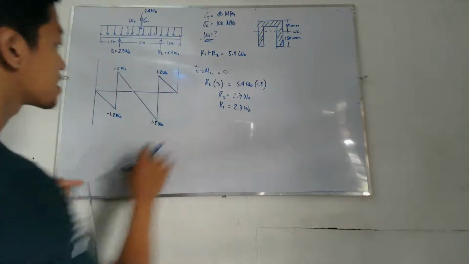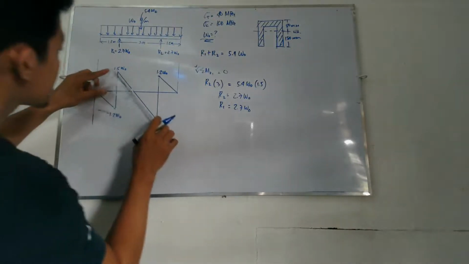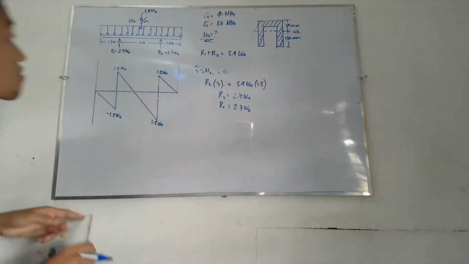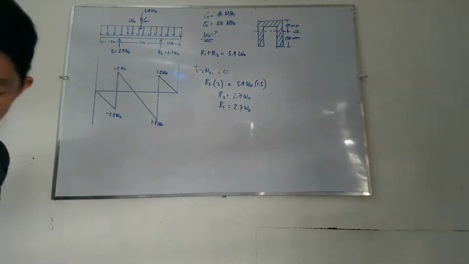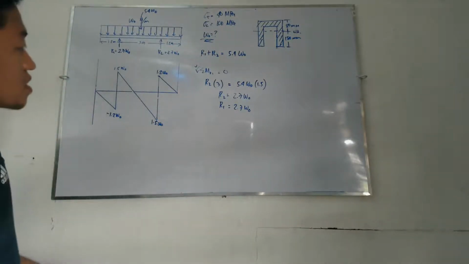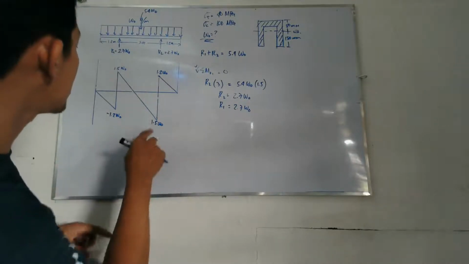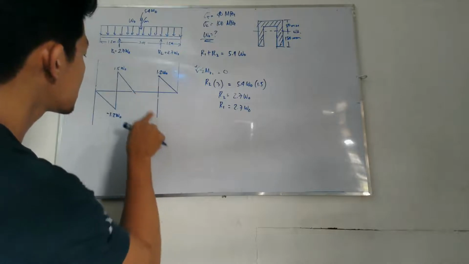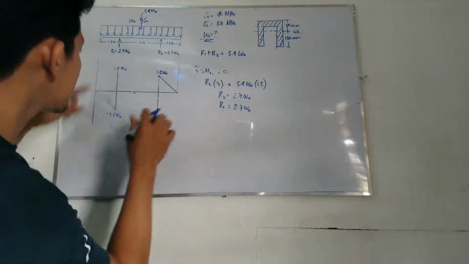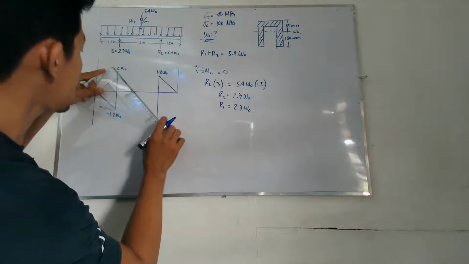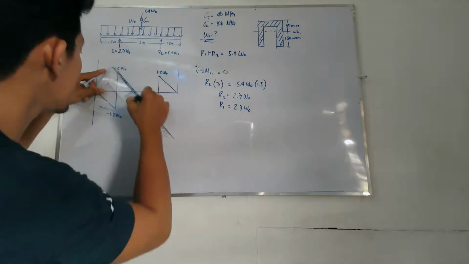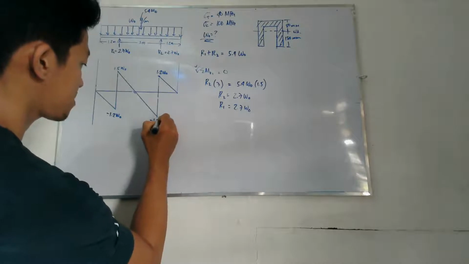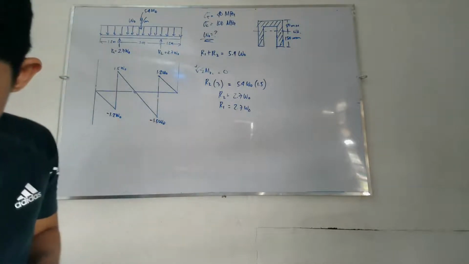Okay. So, mao ni ang shear diagram. Kung mali na mali eh. Hindi man symmetric. Anyway, drawing naman po. Negative 1.5. Okay.